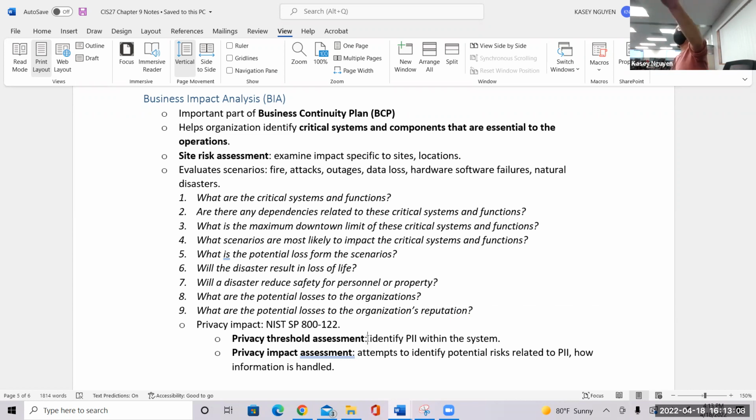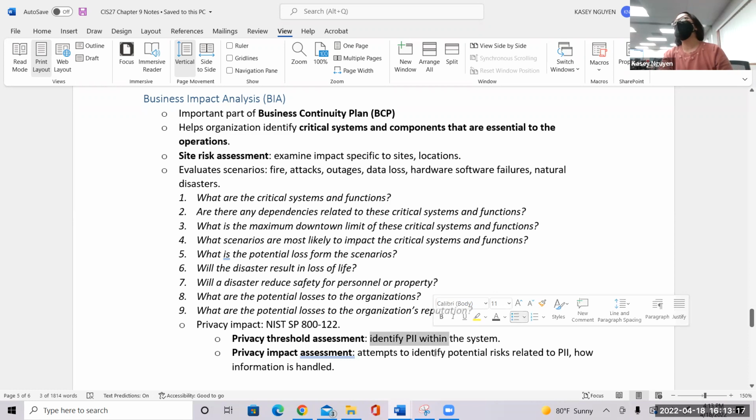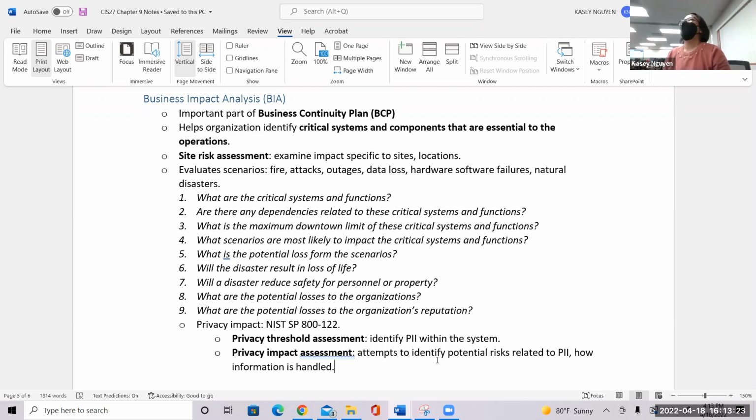And then that can be sold to a third party and it becomes that company's problem. So we have to really think about how the personal identifiable information is being forwarded, transferred, exchanged, or maintained. Okay. So these are some of the questions that you need to ask when you're doing a BIA.